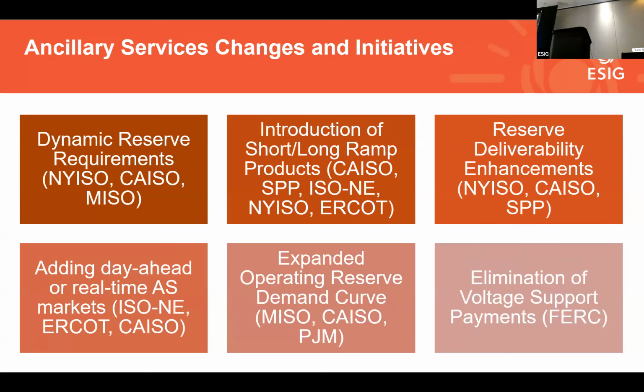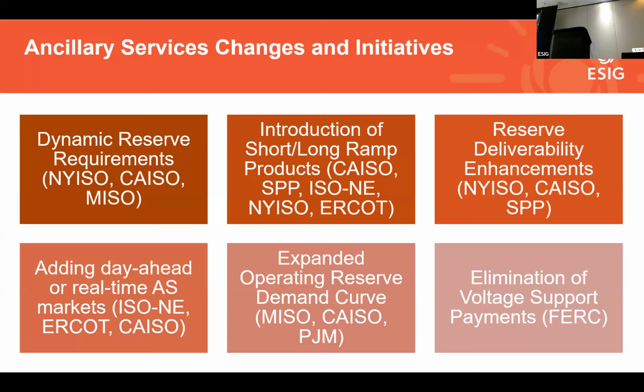And then for ancillary services, we're seeing a lot of initiatives from the market regions to add these dynamic requirements. We'll hear about that tomorrow at the workshop: requirements that change based on system conditions, introducing new products, these ramp products, improving reserve deliverability. Yonghong has been working a lot on that.